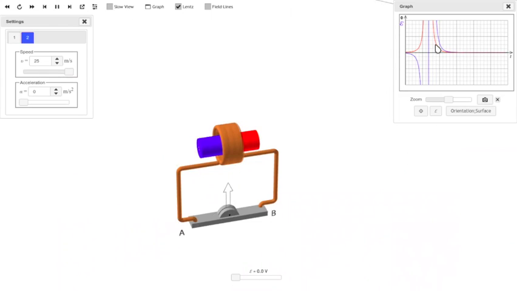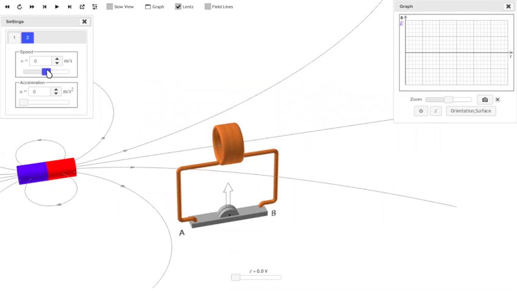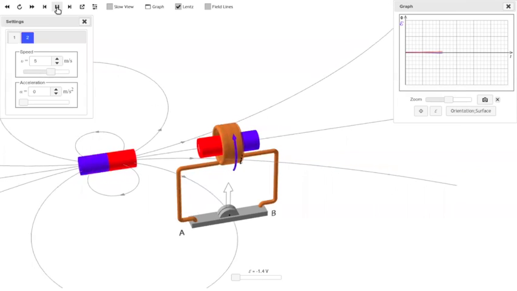Still a larger value of voltage or anything different? Okay, I will show you with very low speed, right? Yes, sir. Watch the graph. Look into the graph, right? Yes, sir. You can easily understand.